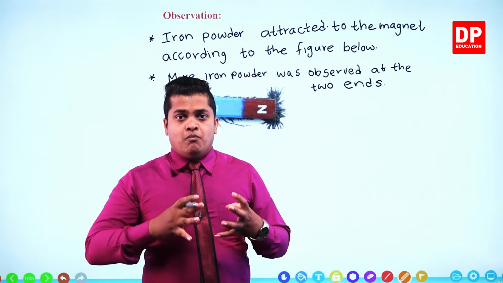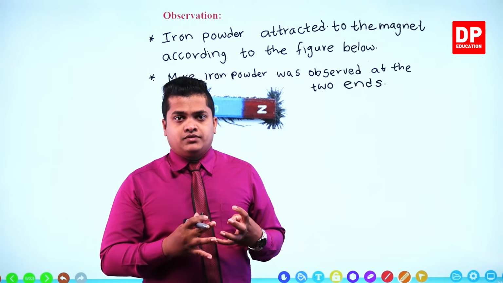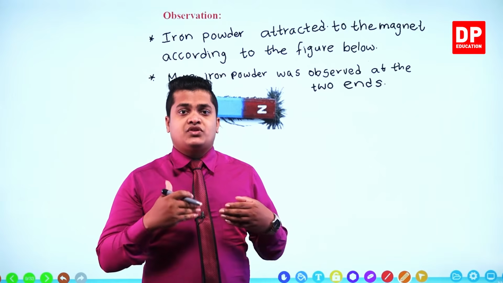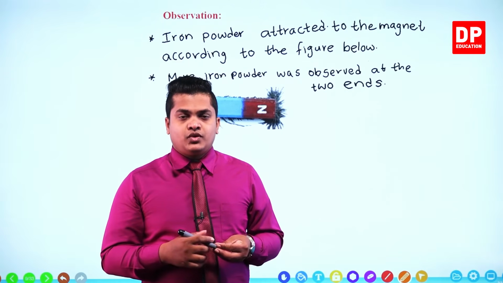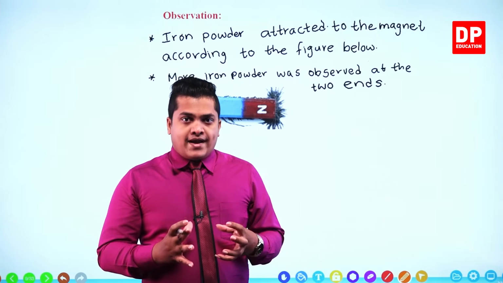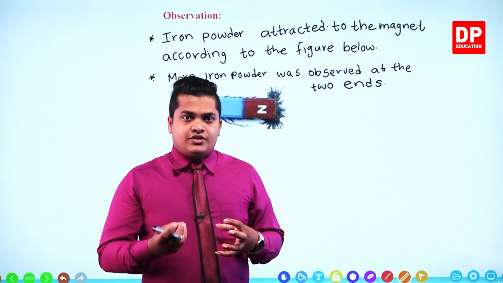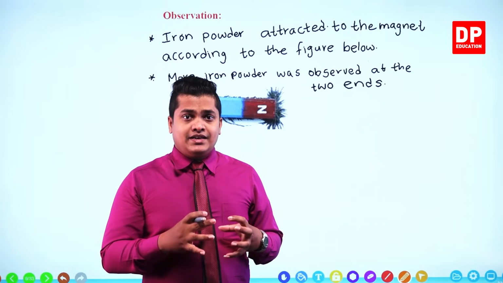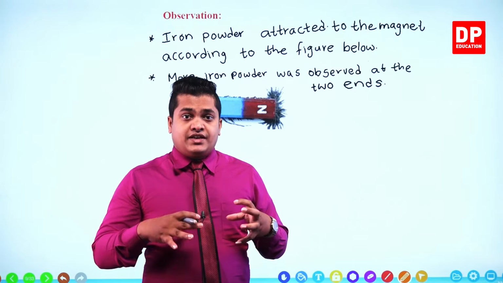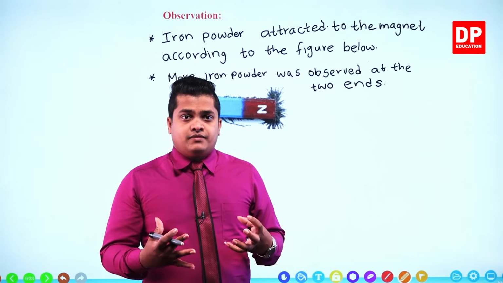Concentrated means most of the magnetic power is found there.